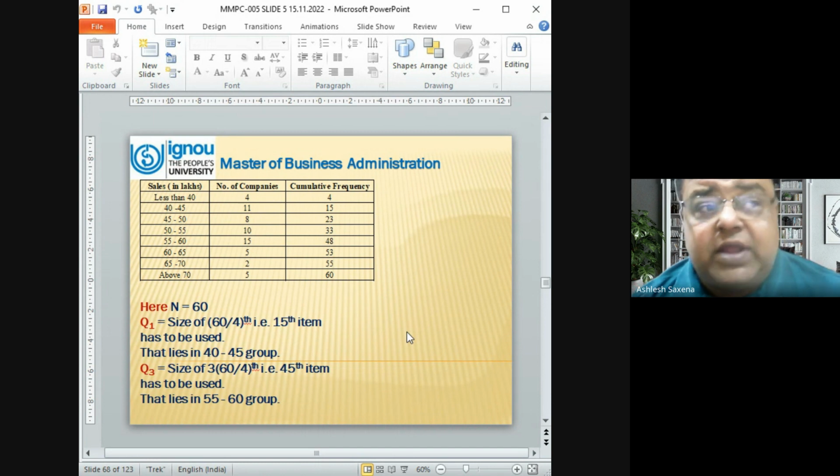And similarly for Q3, you have to calculate 3n by 4, which will come out to be 45. So here a number is 48. That means your class will be 55 to 60.